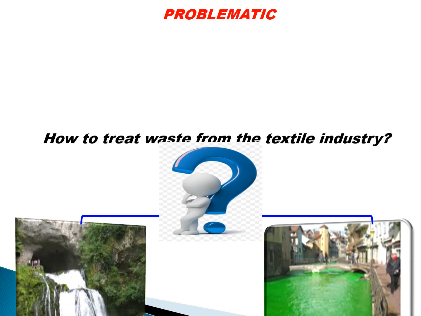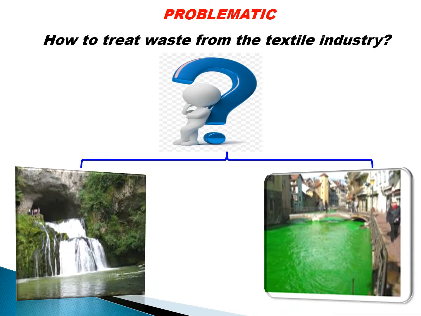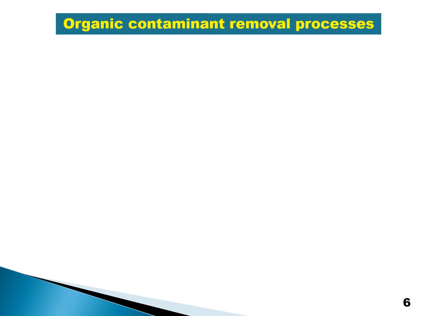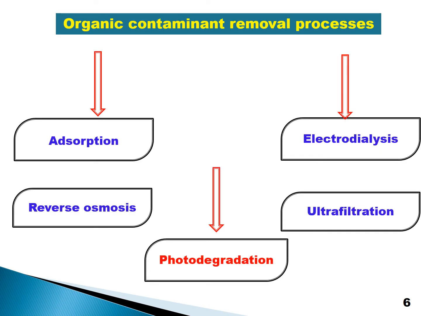So our problem is how to treat waste from the textile industry. For this reason, several processes have been considered, such as adsorption, electrodialysis, reverse osmosis, ultrafiltration, and photodegradation.